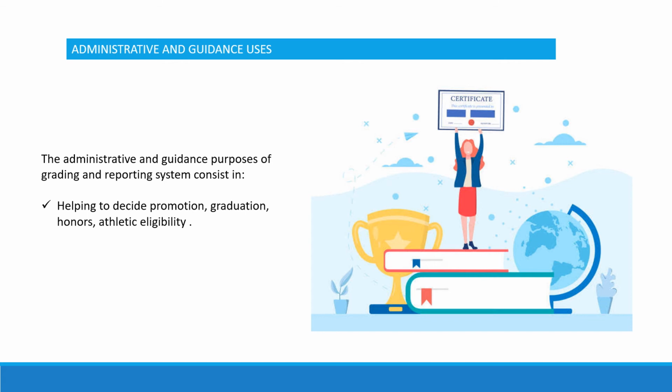Of course, at the end of the school year, they will be recognized. And it is very important in grading and reporting system. It will help the administration to determine and to decide promotions for the students who will be graduating with honors, who will be the athletes of the year. So that is the importance of grading and reporting system, one of the functions rather of grading and reporting system. It will help to decide the following.